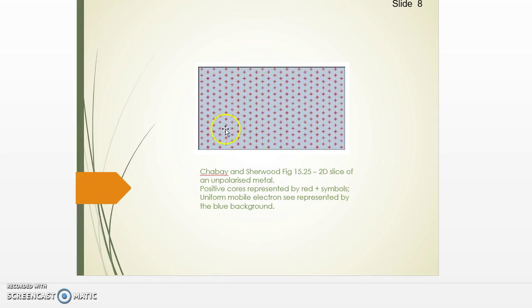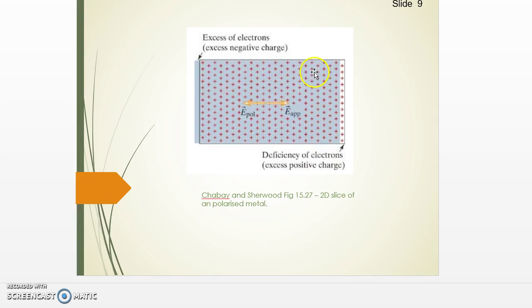In this case, the blue background is meant to represent the sea of mobile electrons. And in this case, this is an unpolarized material, so the sea is evenly distributed throughout the material. And then in a diagram a little bit later, we see what happens to the electron sea when an external field is applied.